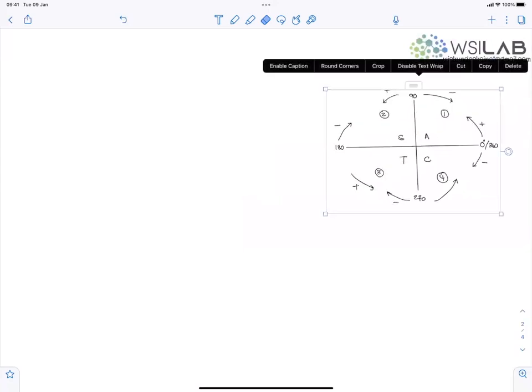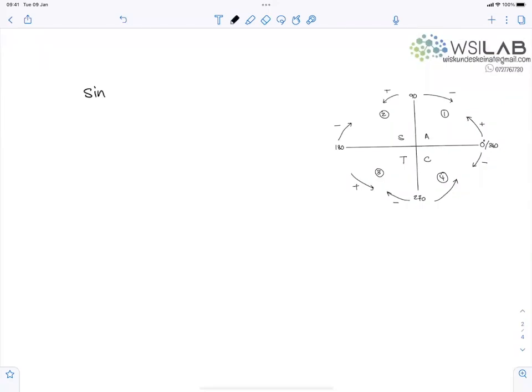So now what we can do, if I have sin of, let's say, 240 degrees, I can rework that 240 degrees into the following. I can rework it as sin of 180 degrees plus 60. So I've changed the 240 degrees to what we call a compound angle. So it consists of 180 degrees plus 60 degrees.